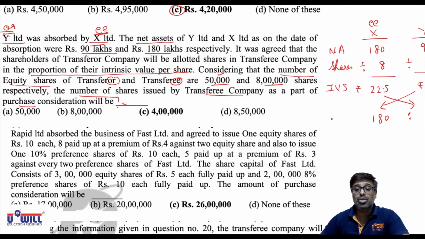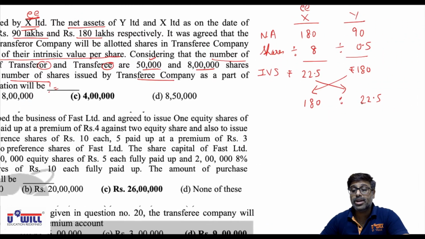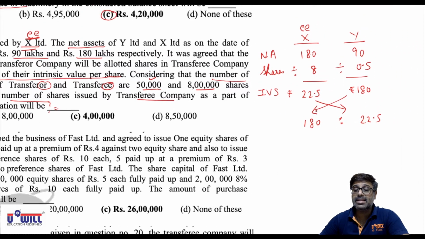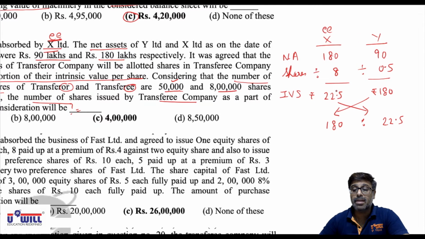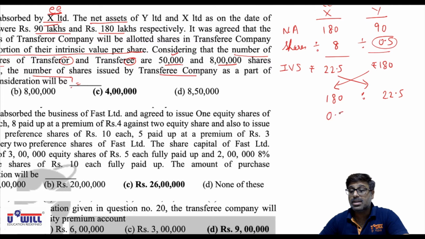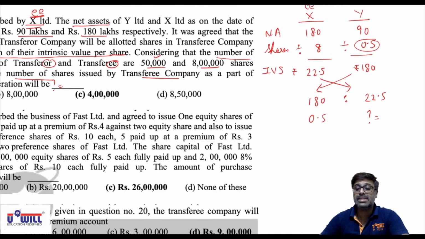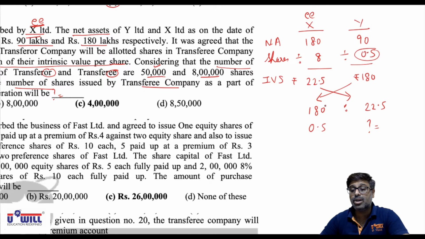The 180 is to 22.5 ratio means if in the transferor company we have 0.5 lakh shares, 50,000 shares, how many shares will the transferee company give? Against 180 shares, 22.5 shares would be given.